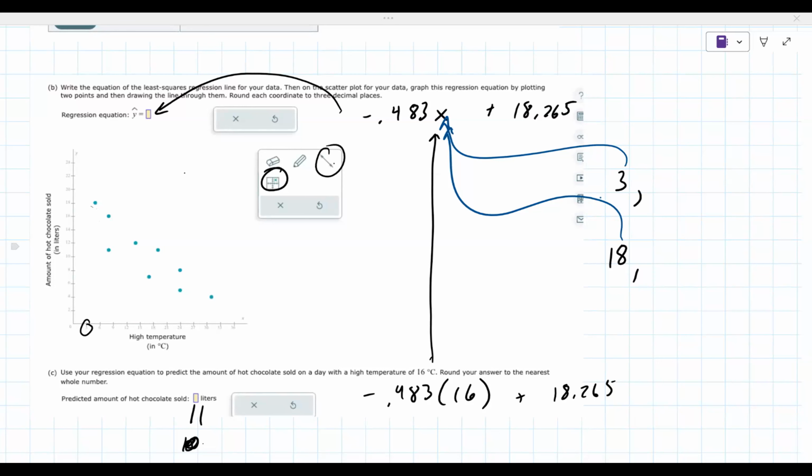Those are the ordered pairs you'll want to graph.